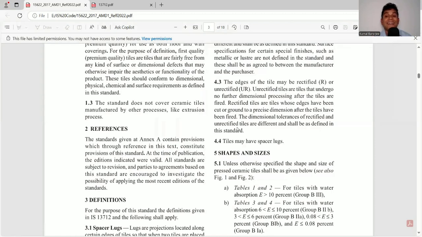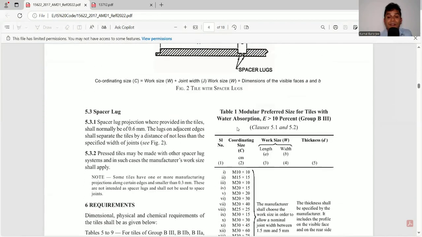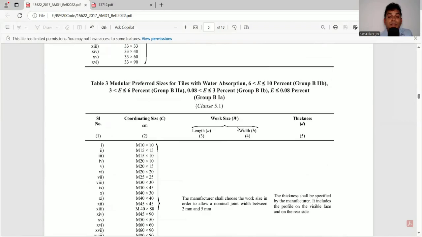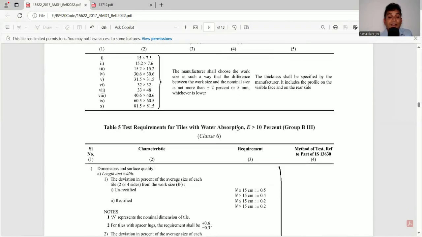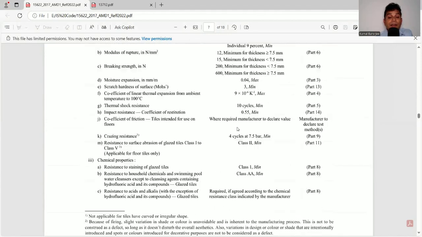So simply, rectified means after the tile is made, the dimension has been rectified, and unrectified is not rectified. Why am I saying this? This is required because when I come to the tables where the properties of vitrified tiles are given, it is mentioned which is rectified and unrectified, and their criteria vary accordingly.